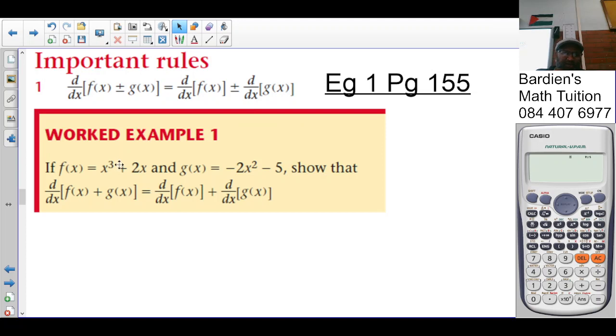In this example we actually prove it. So if f of x is equal to x cubed plus 2x and g of x is equal to negative 2x minus 5, you must show that the derivative of the sum of the two is equal to the sum of its individual derivatives. That's basically what we need to prove here.